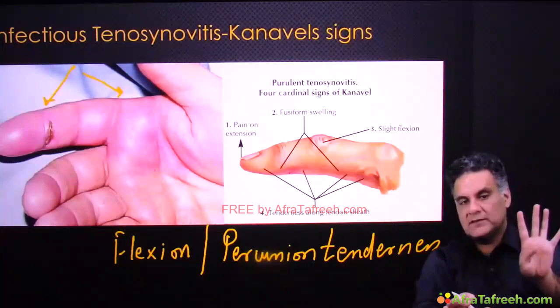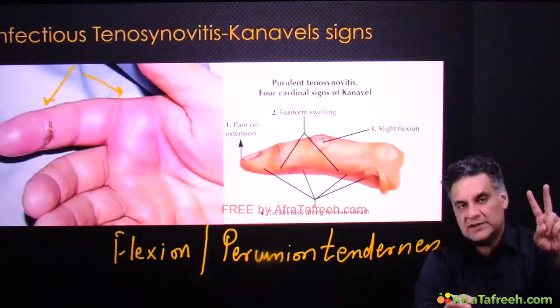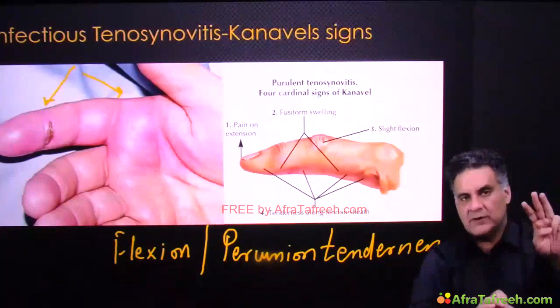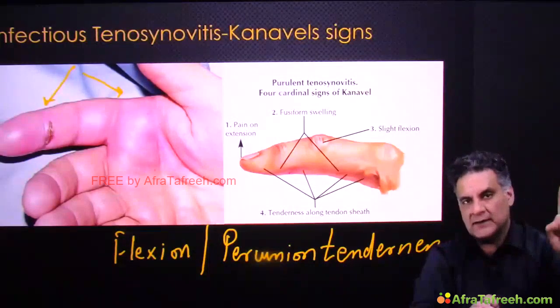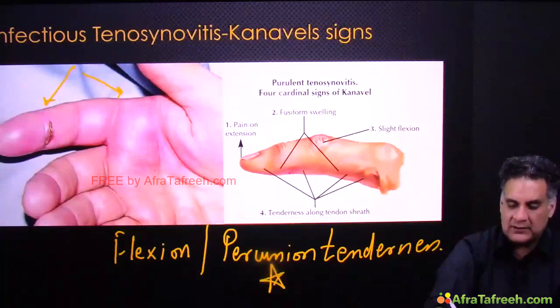So four points: uniform swelling, flexion of the finger, if you stretch it, it's painful, and percussion tenderness. If you have to choose one, percussion tenderness is the most specific sign.